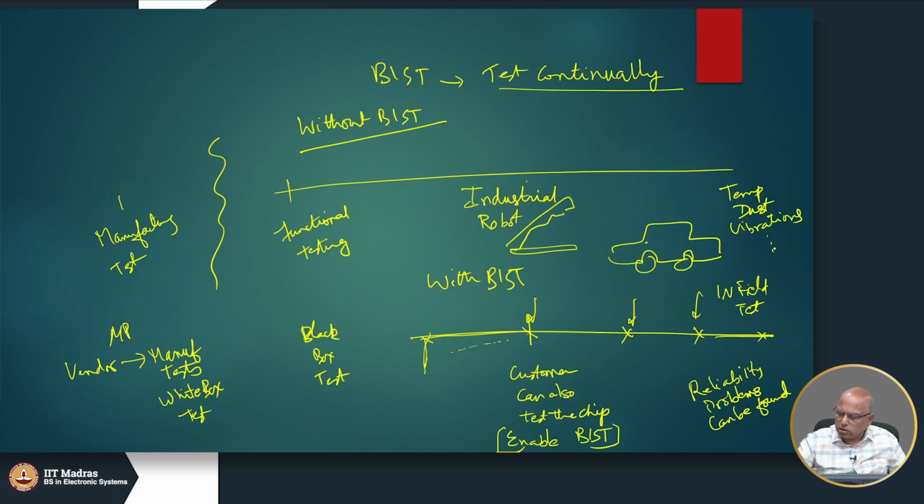All of these may cause the chip to develop some faults. The package may fail, right? Transistors may fail inside. So we will be able to do in-field testing if we have enabled BIST, if we have used BIST.